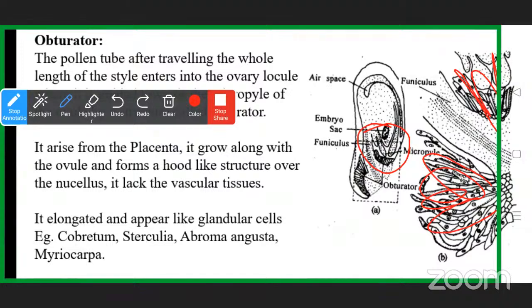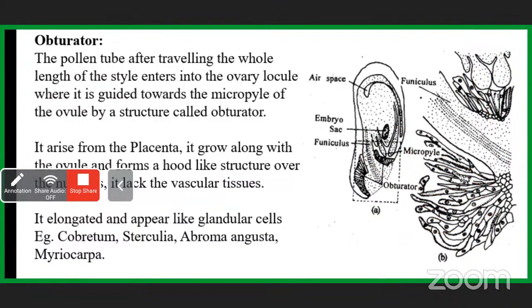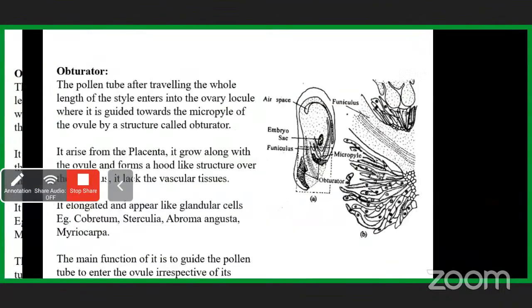But they lack vascular tissues. They look like glandular cells, and they give support, and are also useful to lead the male gamete toward the ovule. They show the way to the pollen and male gamete. That is the characteristic of the obturator. Okay.